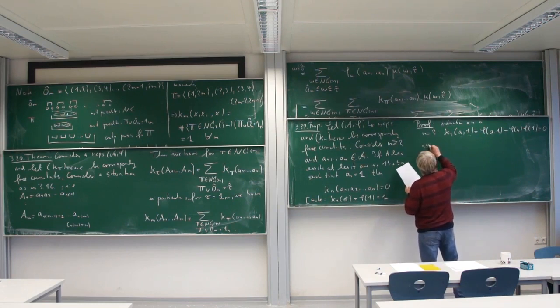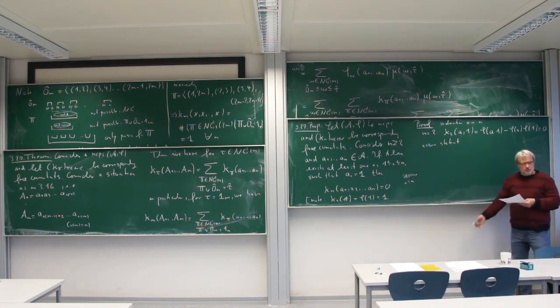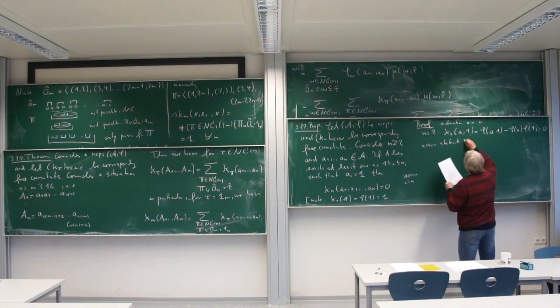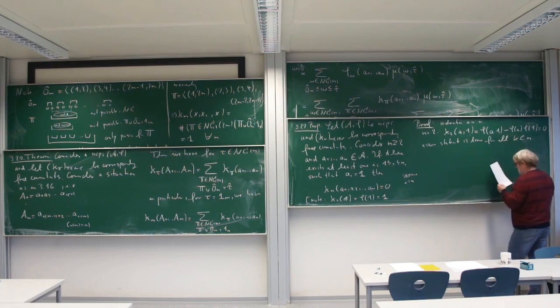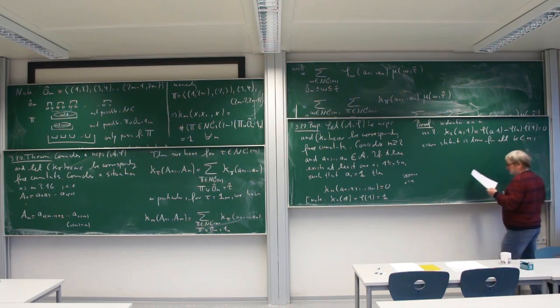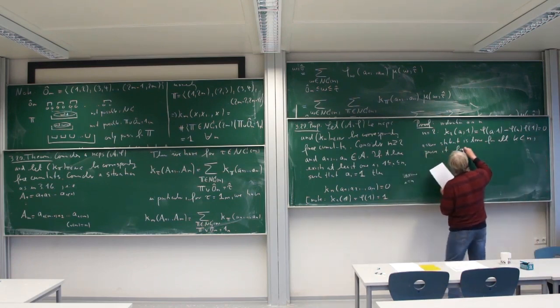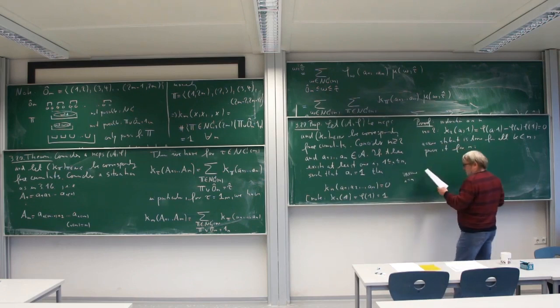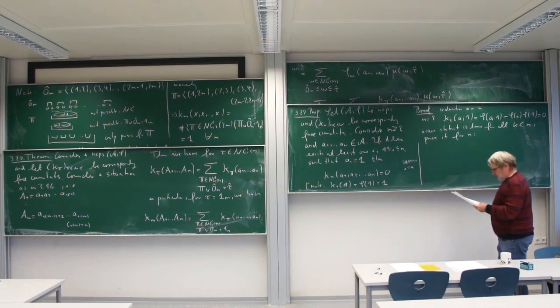So assume the statement is true for all, let's say, k less than n, and we want to prove it for n. Good. Okay, so what do we do?